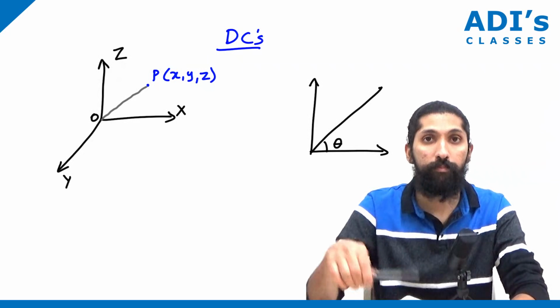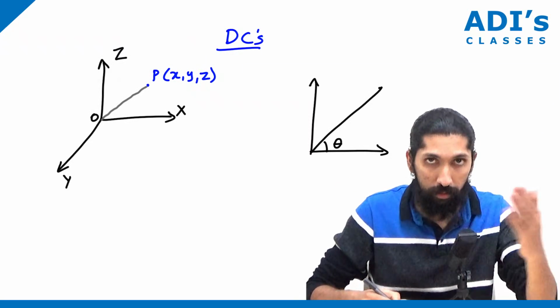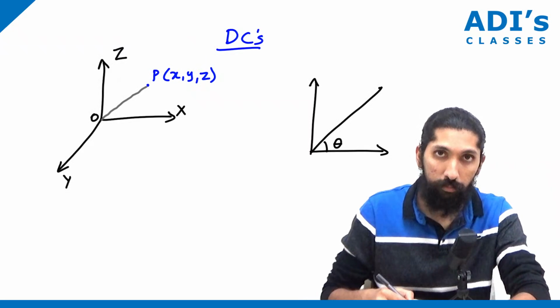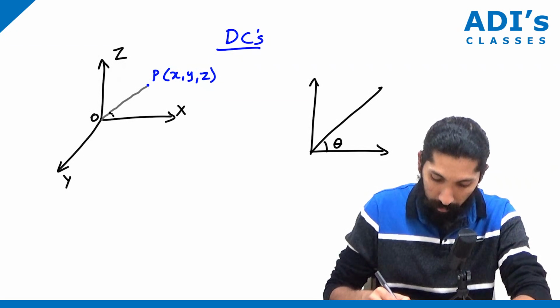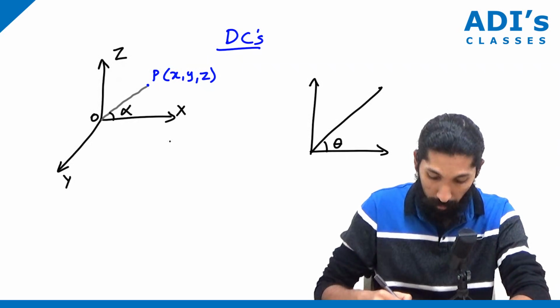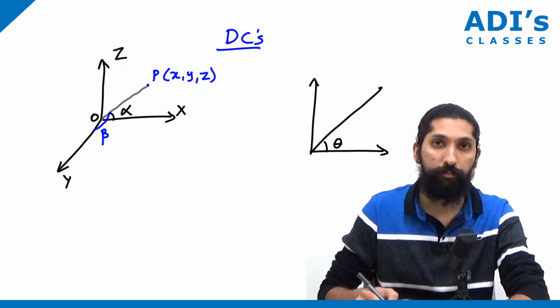Now, in this case, we have OP, a straight line from O to P, where O is the origin (0, 0, 0). With respect to the x-axis, it makes one angle. Let's call it alpha. With respect to the y-axis, it makes another angle like this. Let's call it beta.